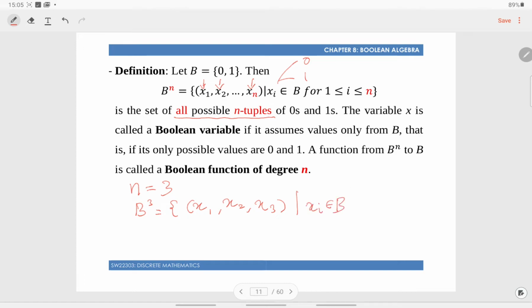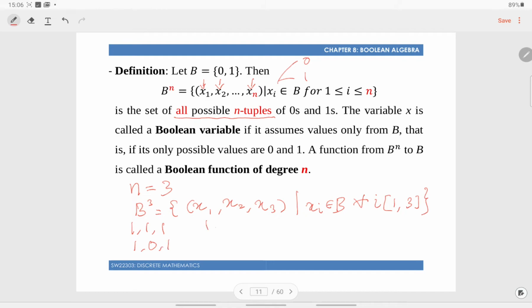Okay, 3-tuples where xi belongs to the set B. That means it is either 0 or 1 for all i in the closed interval 0 and 3. Okay, so this is 3-tuples, so all possible n-tuples. That means among all possible n-tuples, we might have (1, 1, 1), (1, 0, 1).